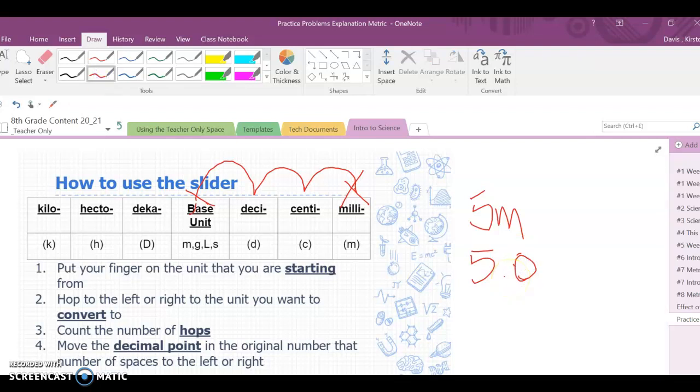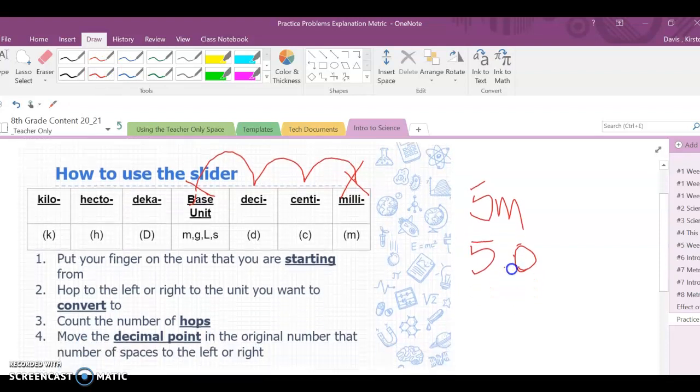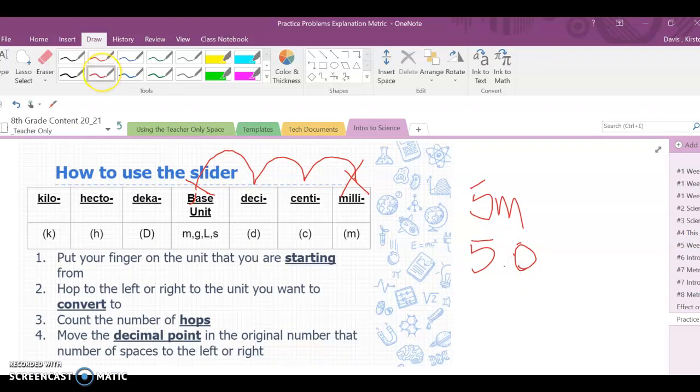And I wanted to move my decimal point 3 places, so that would be 1, 2, 3. And I would put my new decimal place there. Sorry, it's a little hard to read. And I would fill the rest in with zeros. So that would mean that 5 meters converts to 5,000 millimeters.